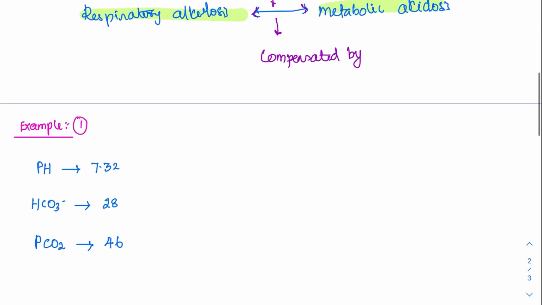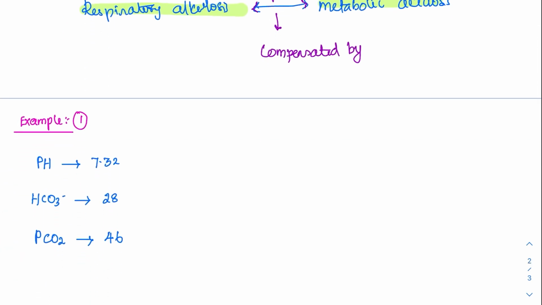Let's see the first example. The pH is given as 7.32. Is it acidosis or alkalosis? Whenever the pH is less than 7.35, it is acidosis. So write down acidosis. When any question is given, write down three values. This is going to help us in diagnosis. Then the bicarbonate is 28.